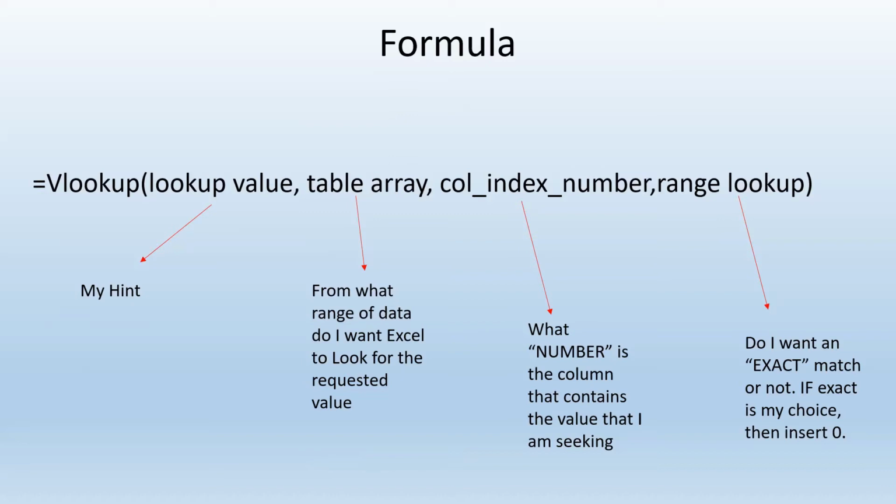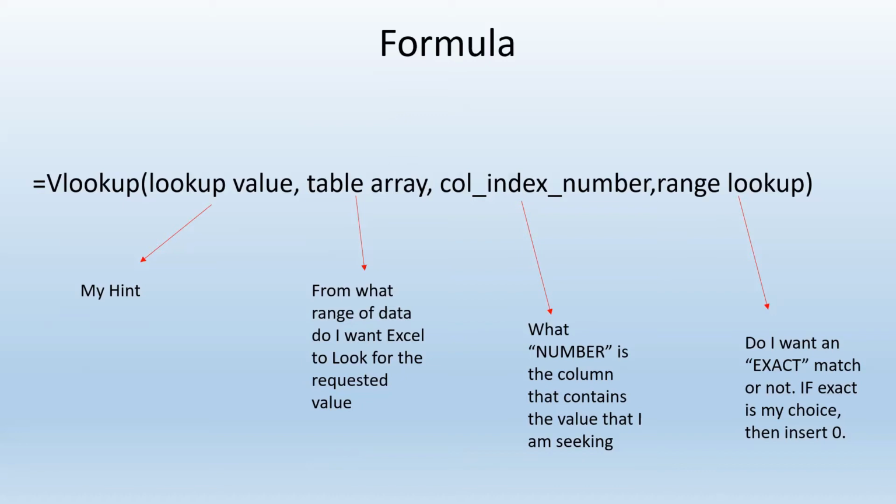The table array is when I specify for Excel the selection or the location where it should go and look for my hint. The column index number is the number of the column. When we say VLOOKUP, we're talking about the vertical lookup.